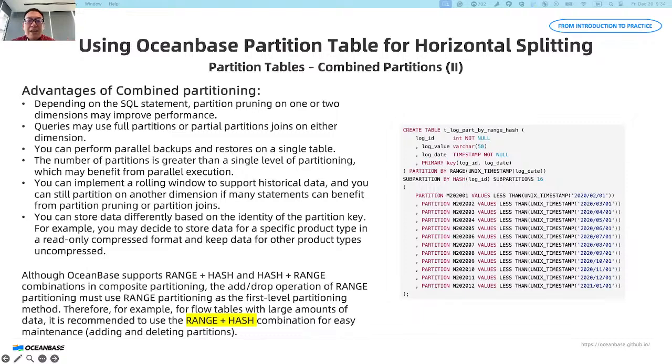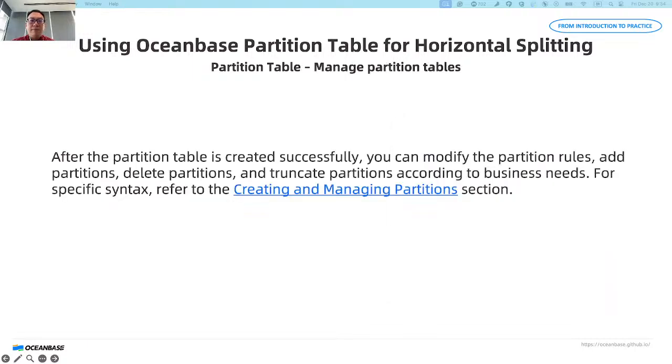On the right side is an example of using the range plus hash combination partitions. After the partition table is created successfully, you can modify the partition rules, add partitions, delete partitions, and truncate partitions according to business needs. For specific syntax, please refer to the official website.